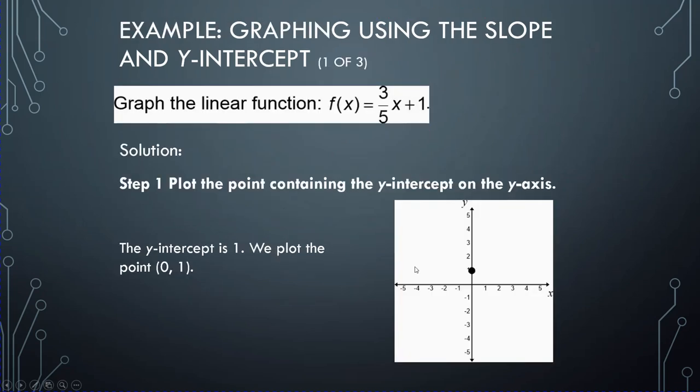Okay, so here's what I want to do. I want to graph this linear function. Notice now I'm using f of x instead of y, and that's totally okay. Just remember, this is also y.